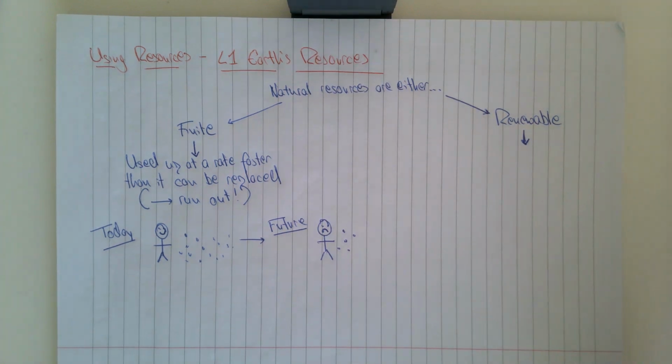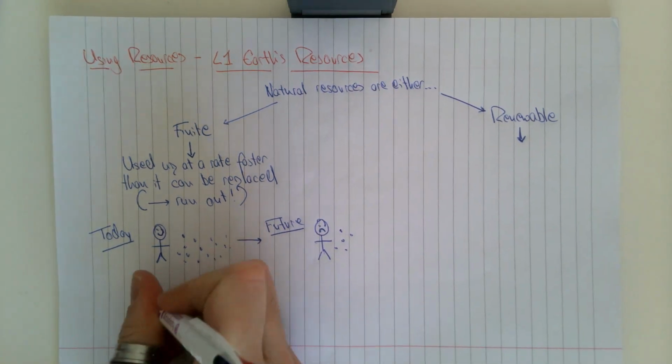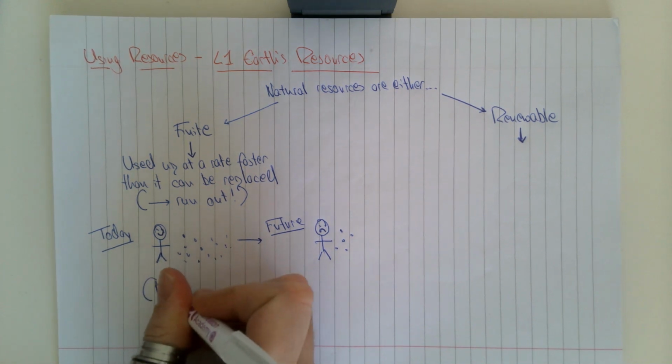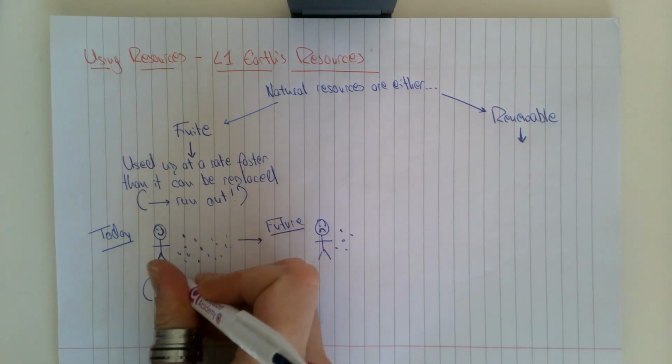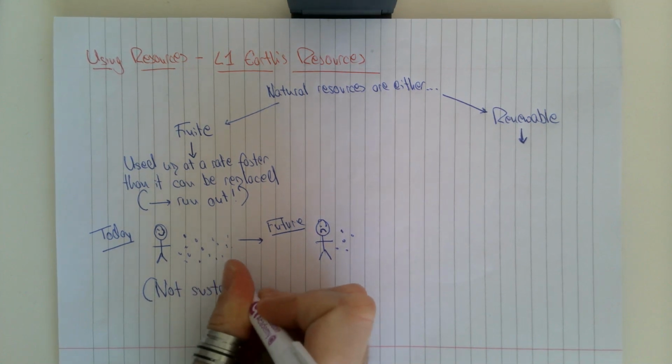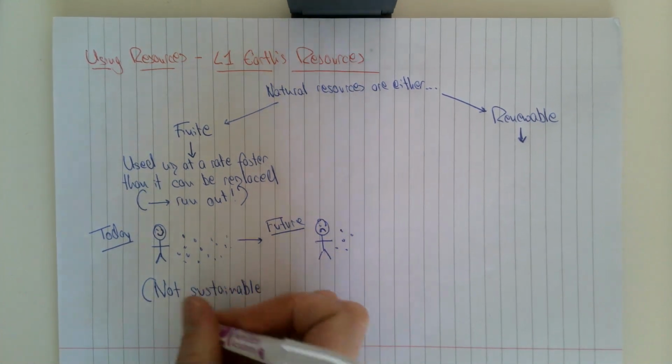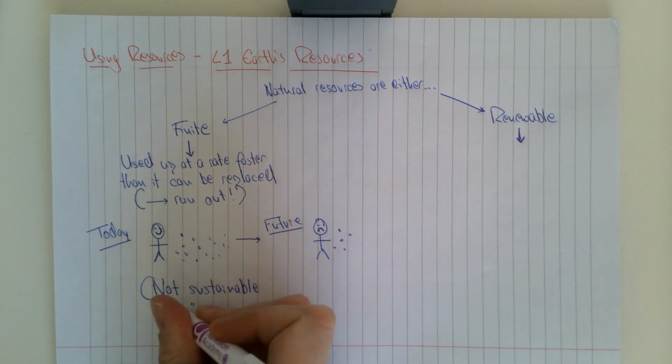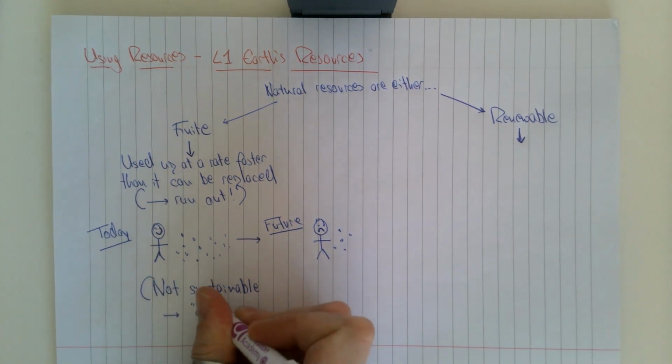He'll run out of them. Now, you might also see this described as being not sustainable. In other words, can't keep it up.